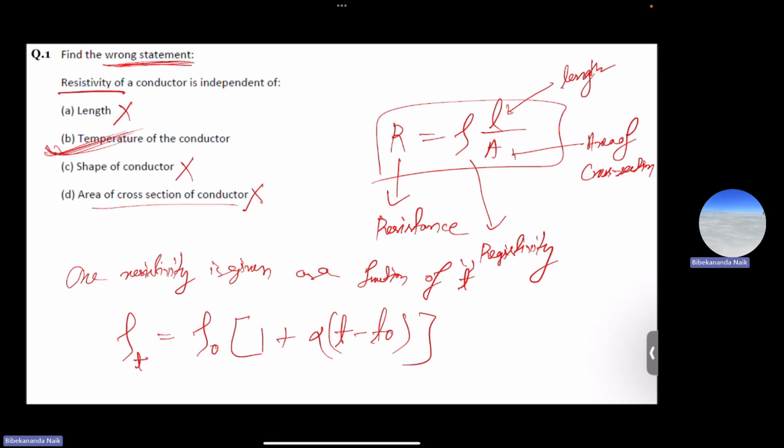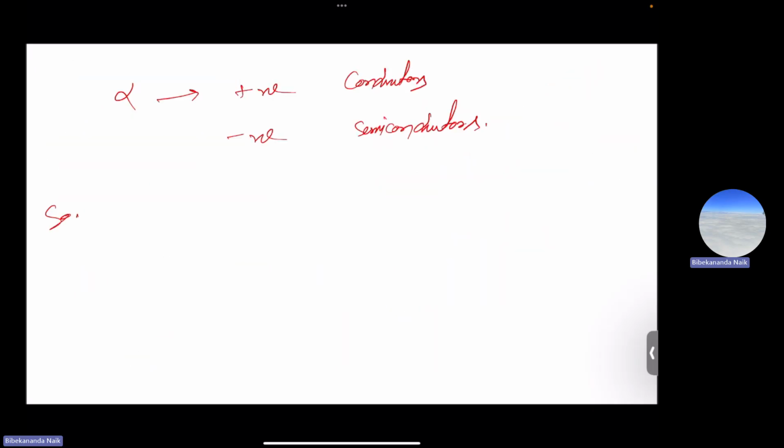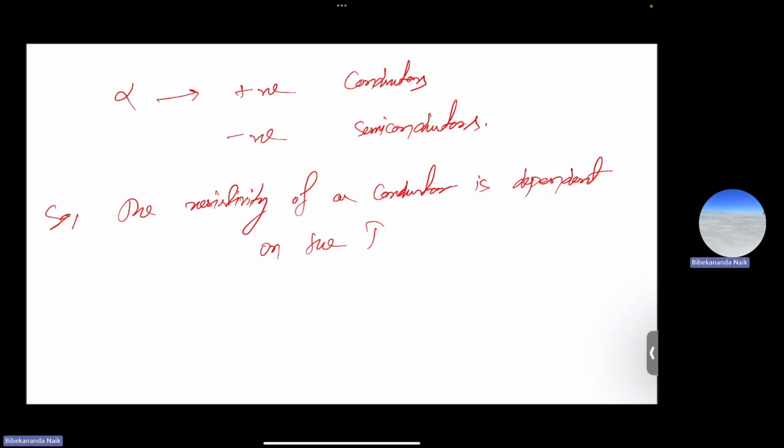The resistivity of a conductor is dependent on the temperature.